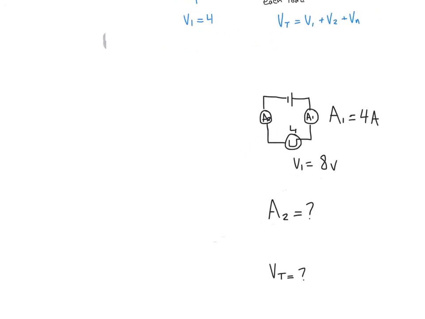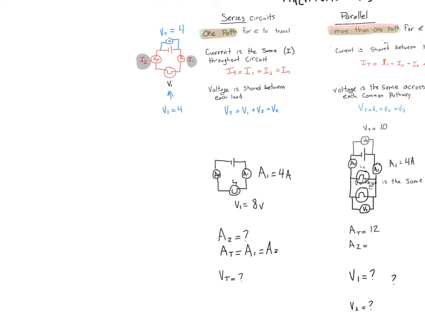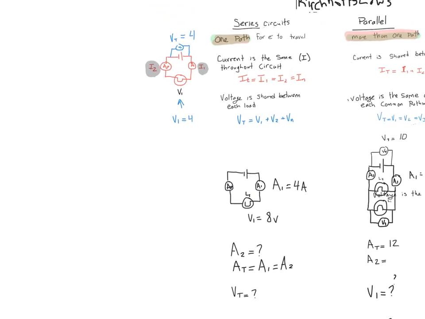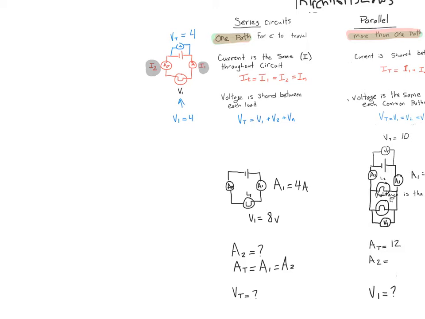So the question is, what is A2? Well, we know A1, so we can use our formula where AT is equal to A1 is equal to A2. So if we wanted to know A1, then we're going to use our current formula.